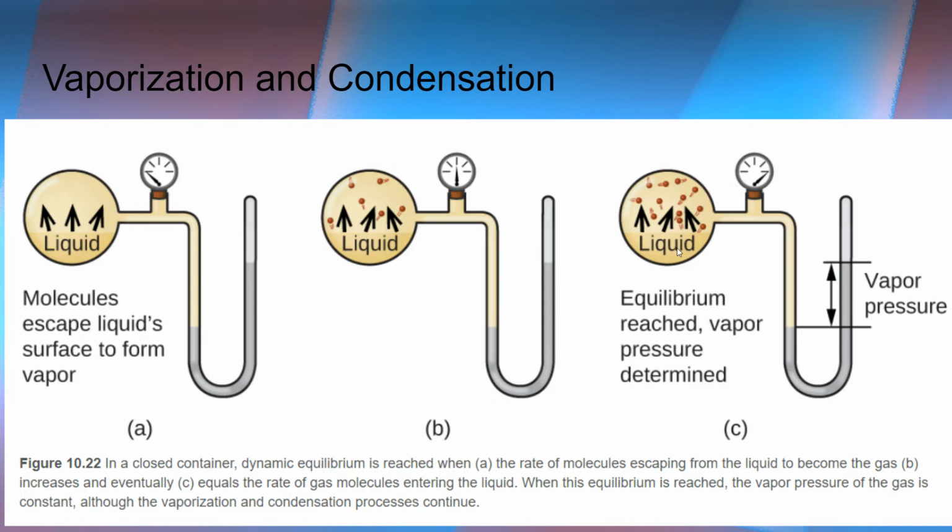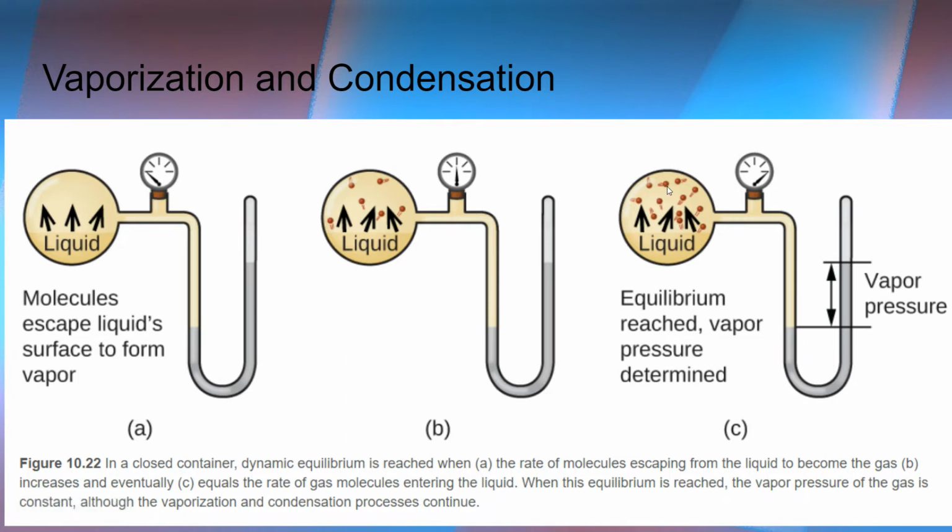And then letter C is when equilibrium is reached. Vapor pressure can be determined at this point, and this is another manometer, but this one, instead of just a gas, has a liquid that allows vaporization to occur. So here we've got even more particles of vapor that you can see, and they've equaled in equilibrium. So the vapor pressure of the gas is constant, and the vaporization and condensation continue.